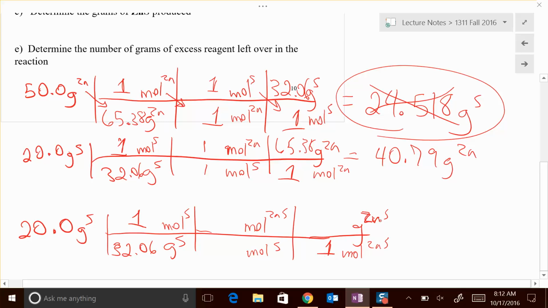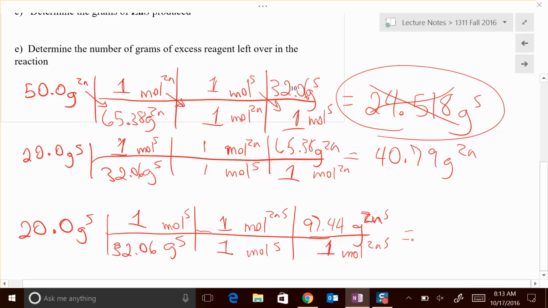And then zinc sulfide, somebody, 32.06 plus 65.38. What do you get? 97.44? Okay. Once again, the coefficients are 1 for my balanced chemical equation. So 20 times 97.44 divided by 32.06.